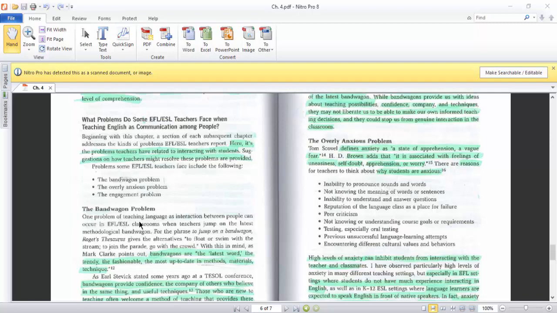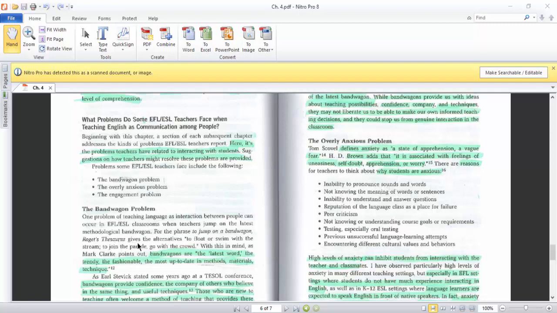One problem of teaching language as interaction between people can occur in the EFL, ESL classroom when teachers jump on the latest methodology bandwagon. The phrase "to jump on the bandwagon" is used by this author.